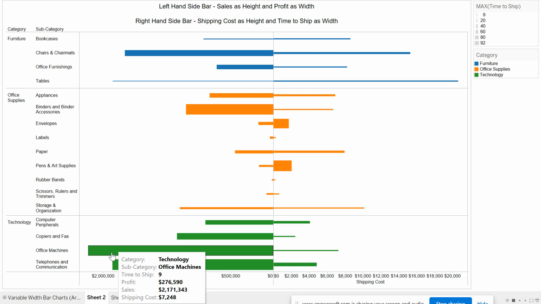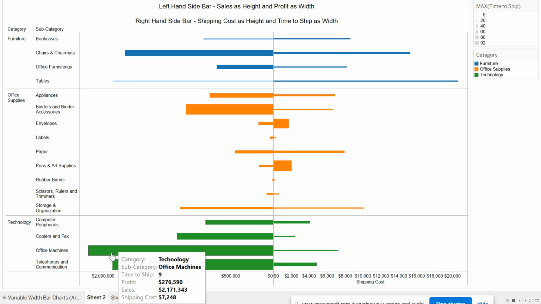And if you see the width, the profit is also greater, at 276590, which is a good and reasonable sales and profit for the technology category's office machines.